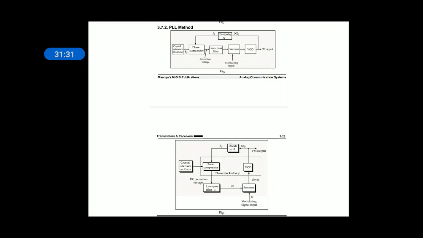Those low frequencies are compared with center frequency, whenever there is a change it generates output voltage according to phase changes. Phase discriminator converts phase variations into amplitude variations.